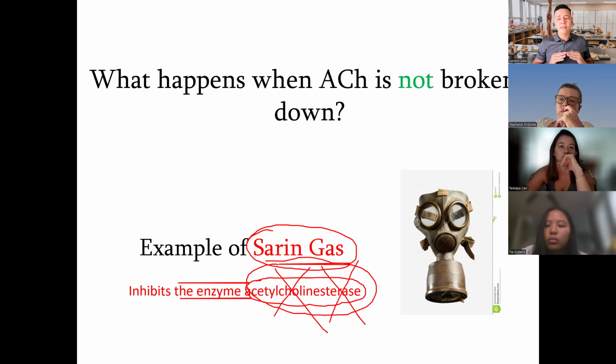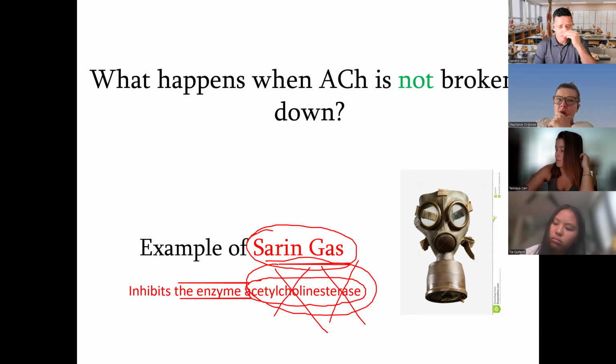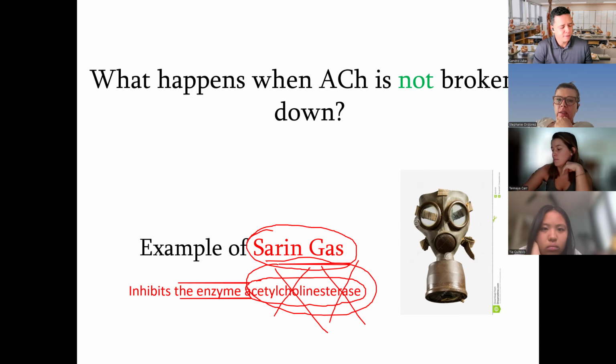When we contract the diaphragm, we inhale. When we relax the diaphragm, we exhale. So if you are exposed to sarin gas, you're going to be able to inhale, no problem, because you can contract your muscle. Are you going to be able to exhale? No, because you can't relax the muscle. Guys, is this clear? Do you understand what acetylcholine esterase does? Any questions?